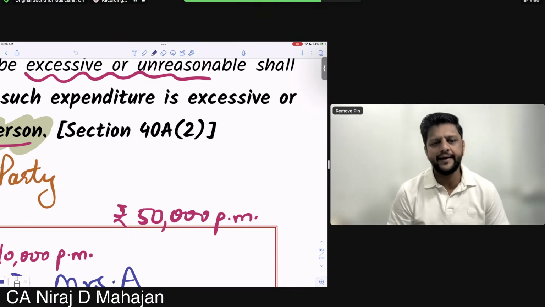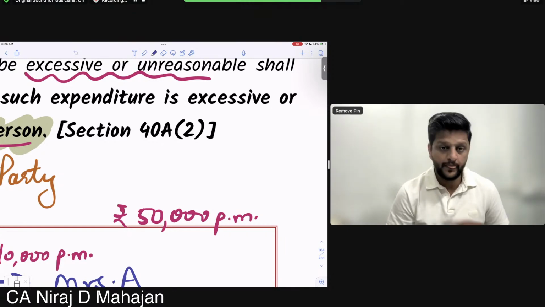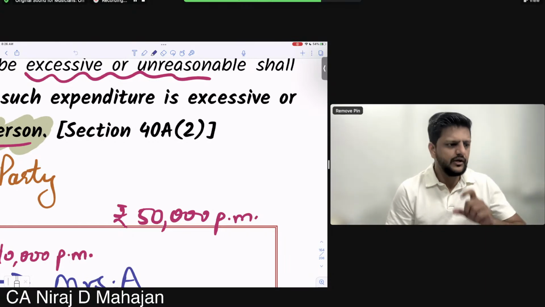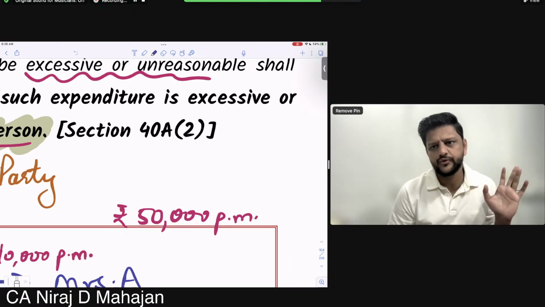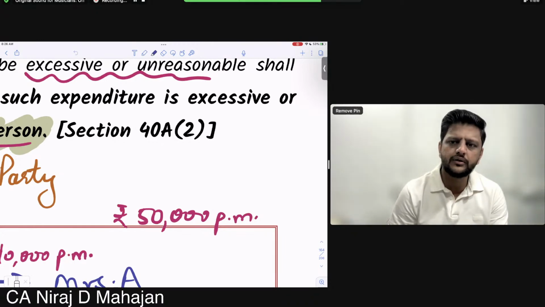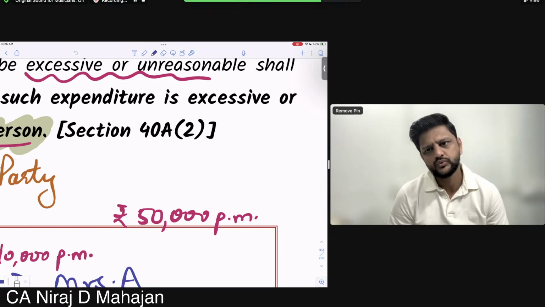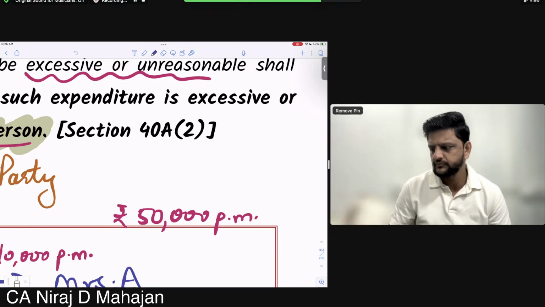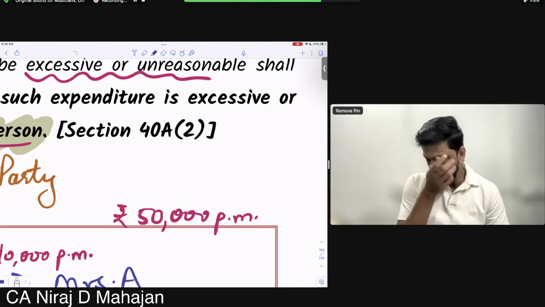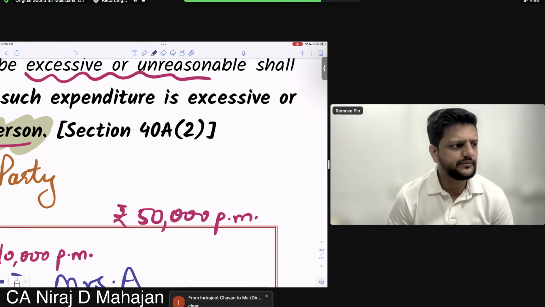The amount paid may be unreasonable or excessive. So the unreasonable or excessive part is disallowed. Now how do we determine unreasonable or excessive? We will compare that with what? Fair market value. Clear to all of you? Alright.